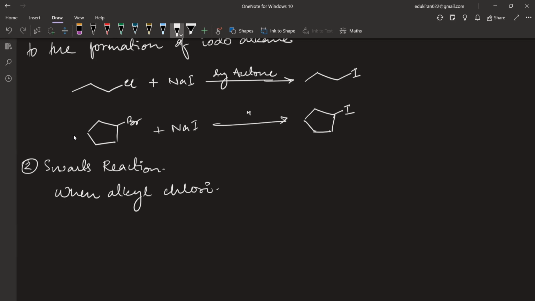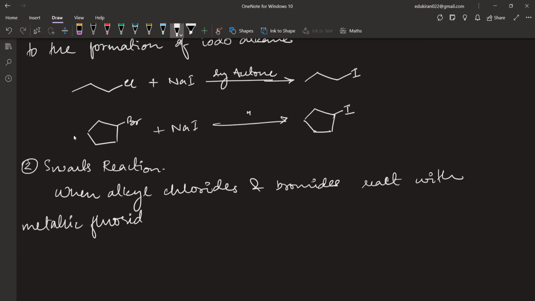When alkyl chlorides and bromides react with metallic fluoride, what will they form? Alkyl chlorides or fluoroalkane? Fluoroalkane. So we have something like this.